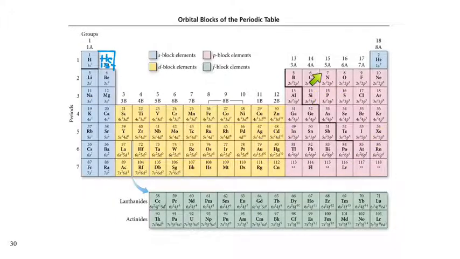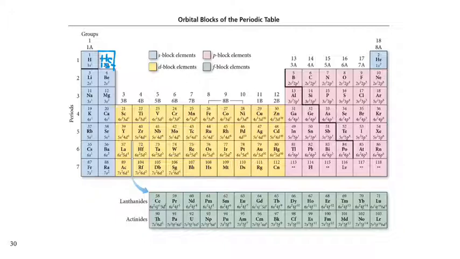Over here, the pink represents the p block. The p sublevel has 3 orbitals and can hold 6 electrons, right? 1, 2, 3, 4, 5, 6. Yellow represents the d block.